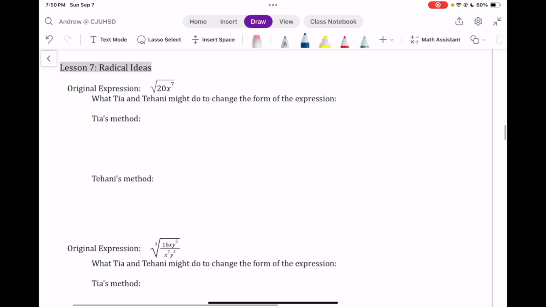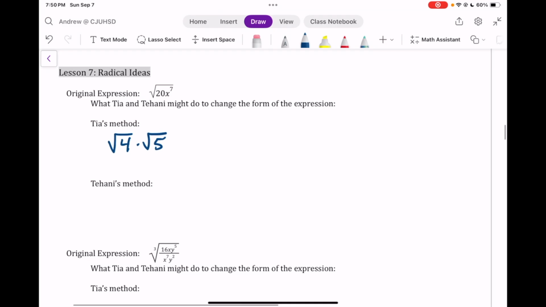Okay, now we're getting into just having the variable x. Root 20. Root 20 is 4 times 5. Okay, so the square root of 4 times the square root of 5, and then x to the 7th. Now remember, we're breaking it up as groups of 2.